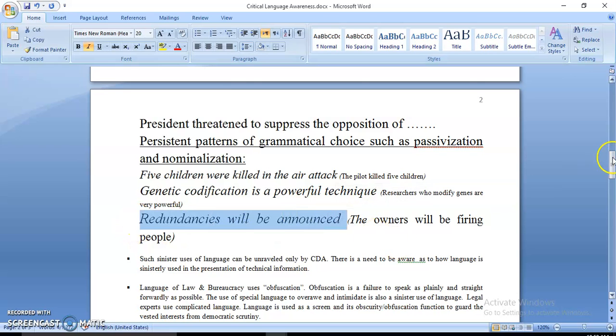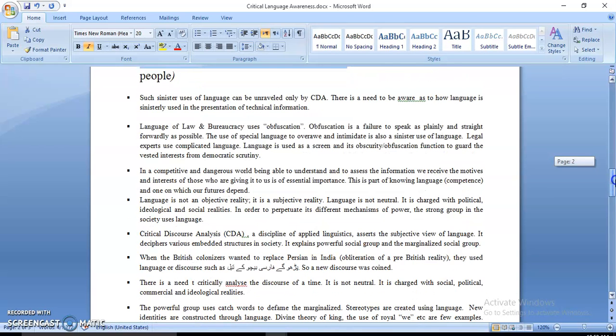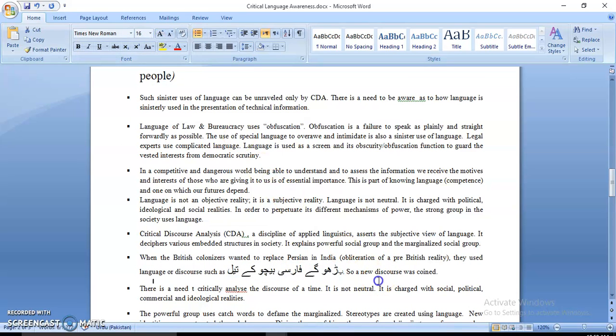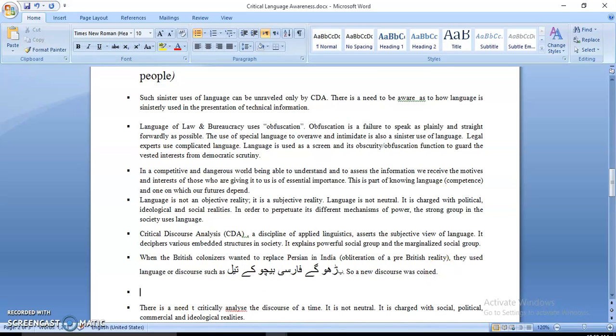So there are so many examples, and sometimes there is something like "padhoge Farsi bechoge tel", but you can't produce this Urdu version in the exam. You have to convert it into Roman Urdu, like this. Let me show you.